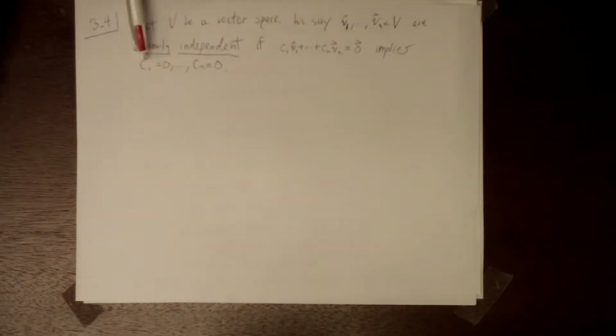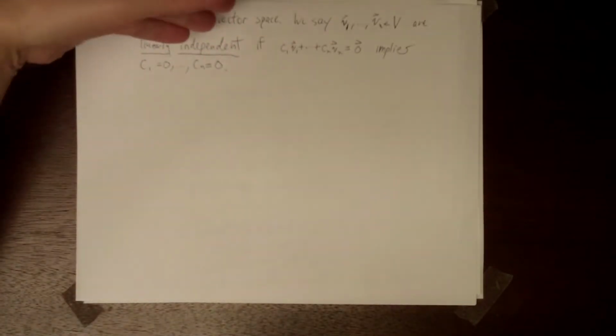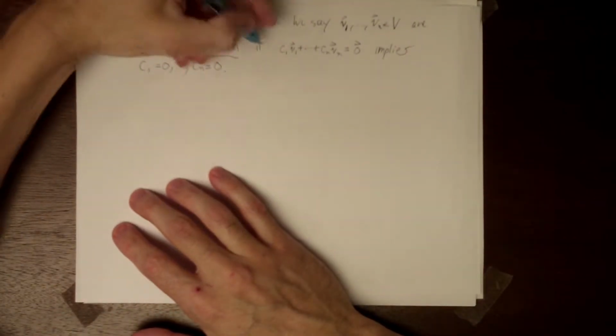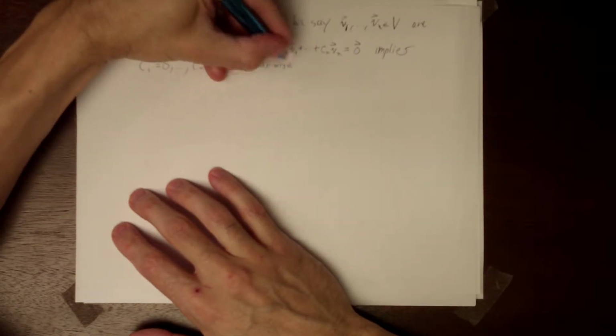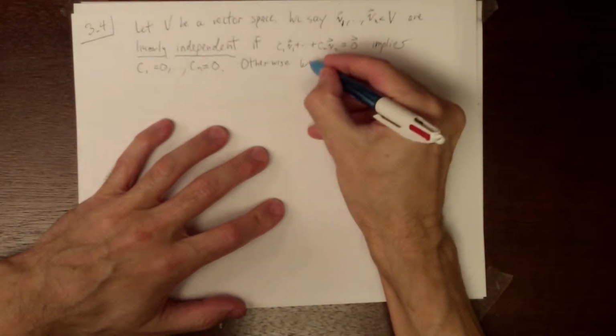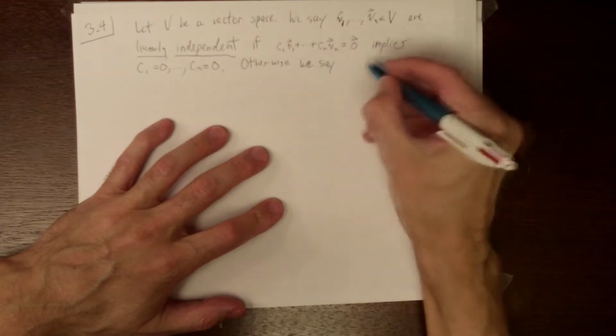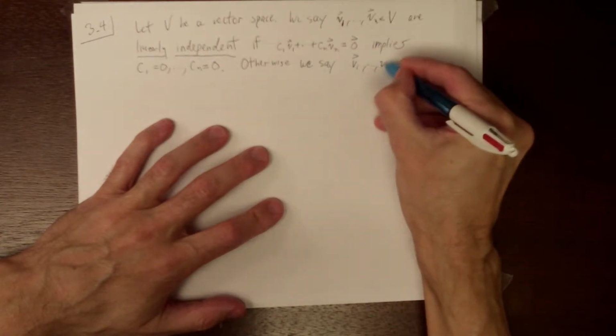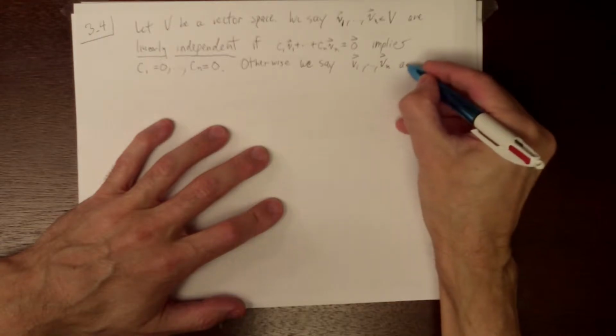The vectors v1 to vn in the vector space V are linearly independent if, when you set a linear combination of the vectors v1 through vn equal to the zero vector, that necessarily implies that all these scalar coefficients, c1 through cn, are zero. Otherwise, if this is not the case, then we say v1 to vn are linearly dependent.